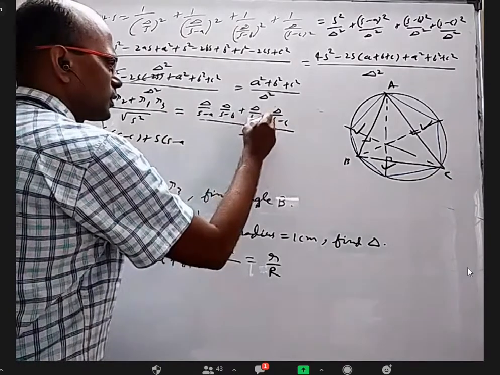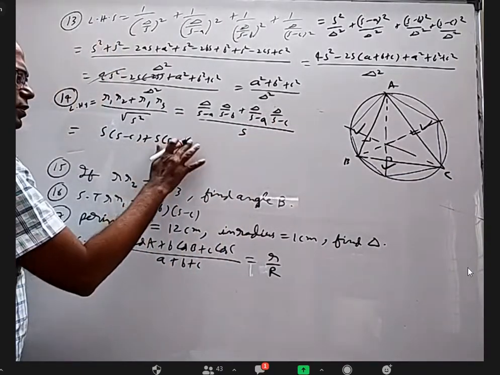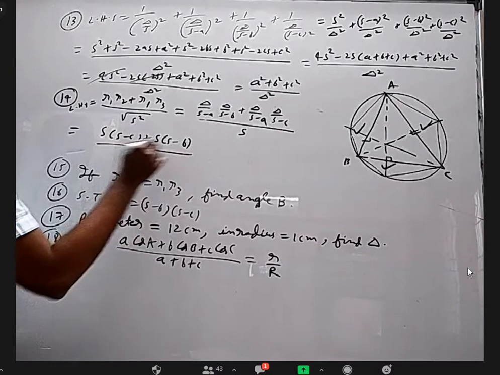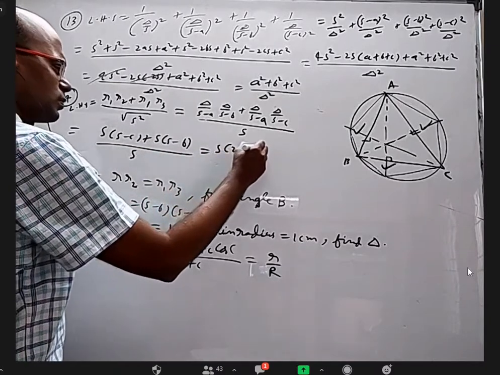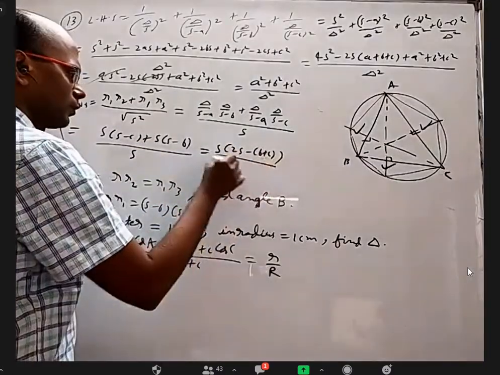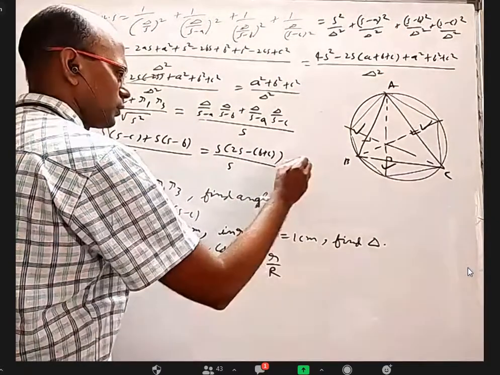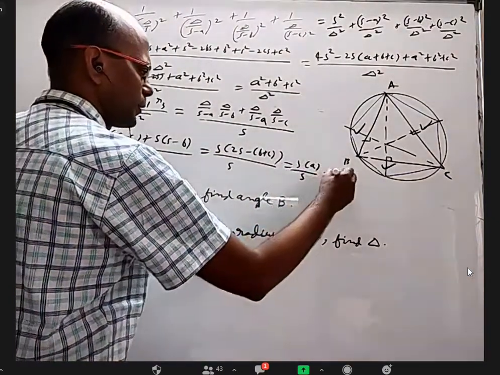So this will be S minus A. Then I'll be left with S into S minus B by S. If I take S common, 2S minus B plus C, that is S into A by S, which is A.